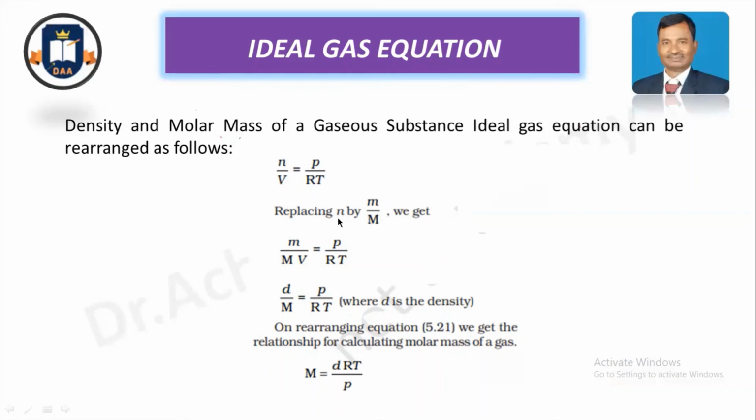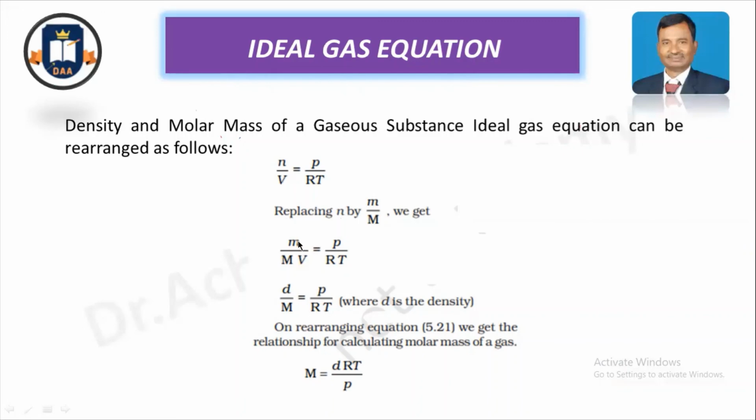So if we divide mass by molar mass, we get the number of moles, denoted by small letter n, and putting this value we can rearrange it this way: m by MV is equal to P by RT.